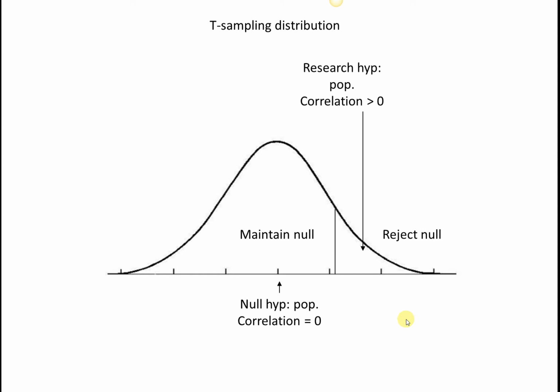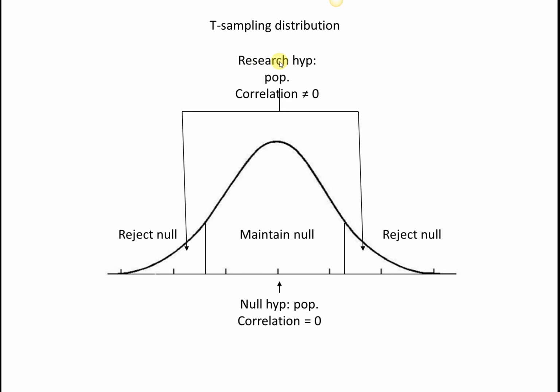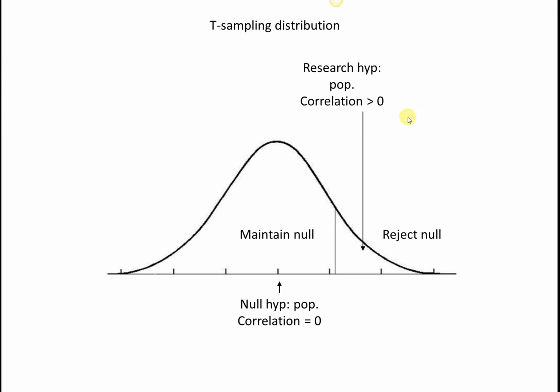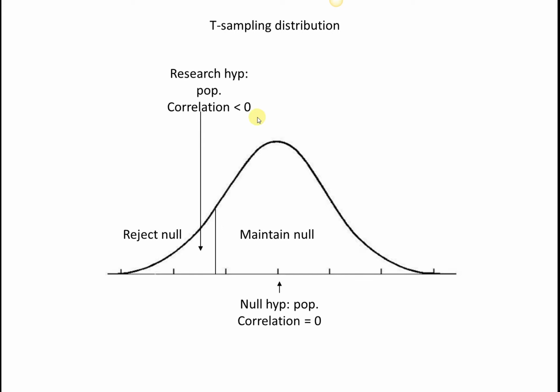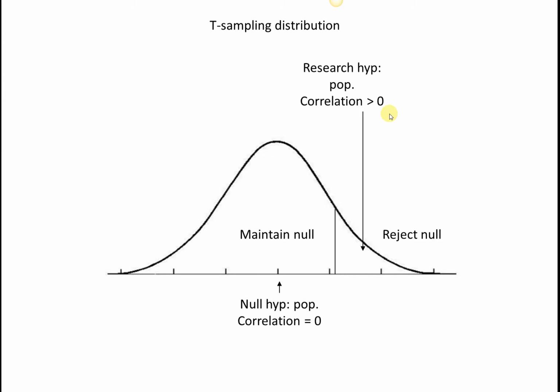So this is the research hypothesis where we assume that the population correlation is not equal to 0. This is a non-directional hypothesis, and in this case we're using a two-tailed test. In these other cases, we have directional hypotheses, and a directional hypothesis would imply a one-tailed test.